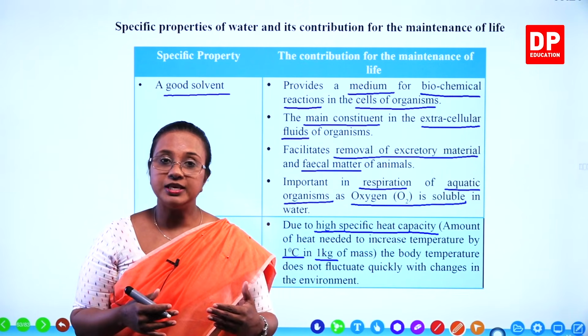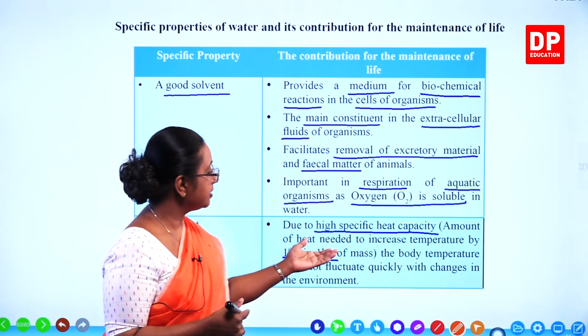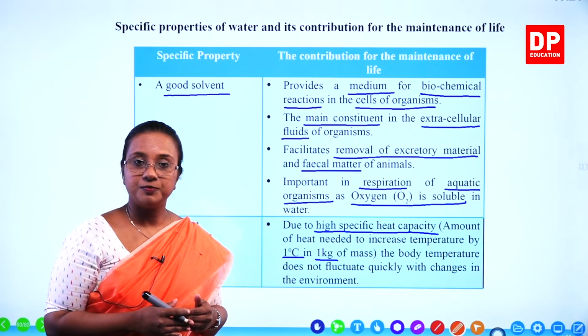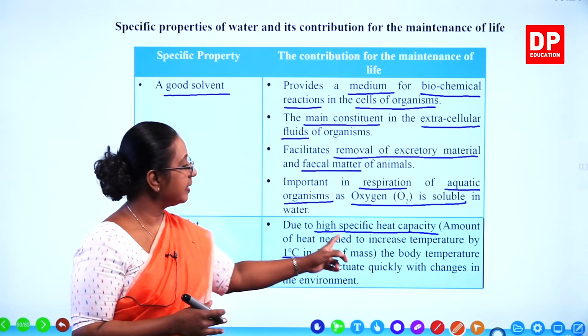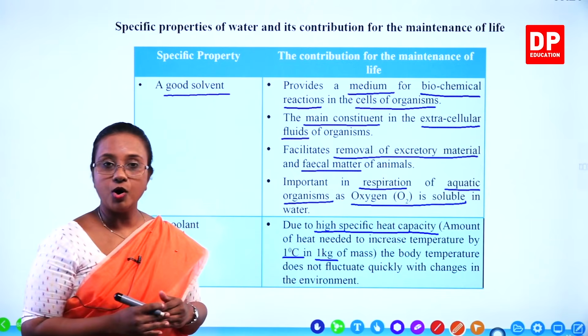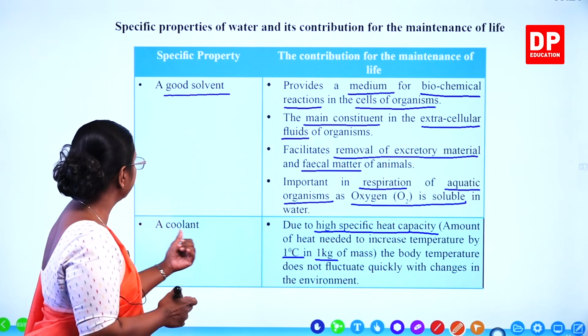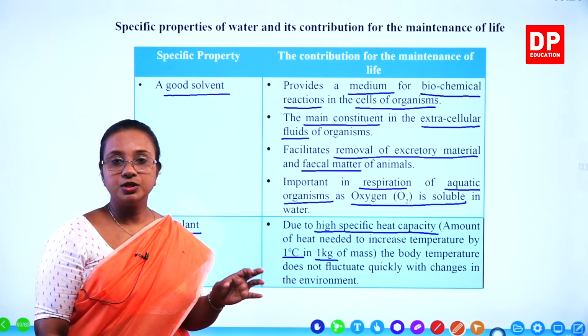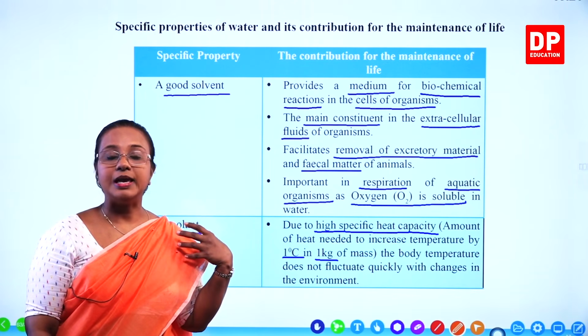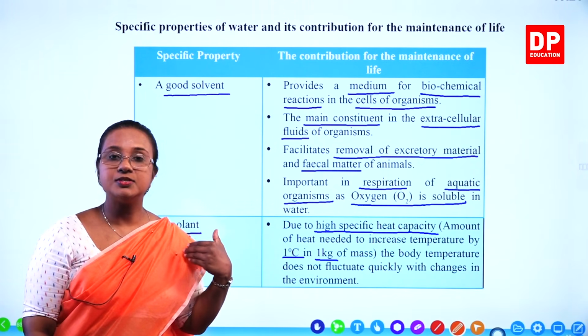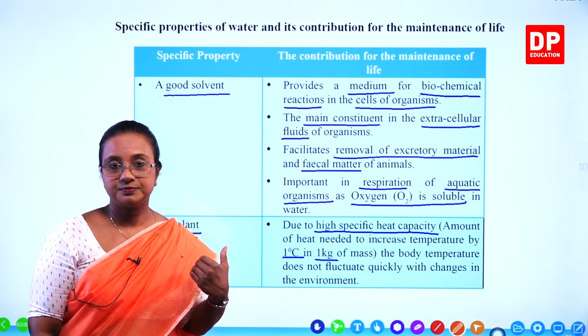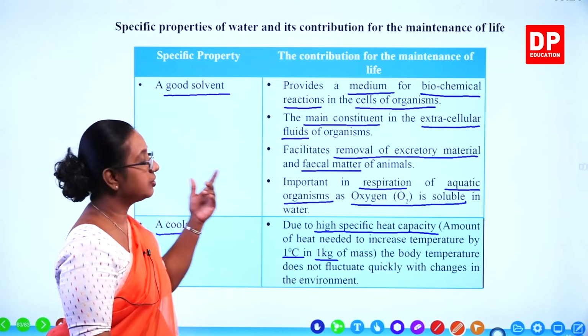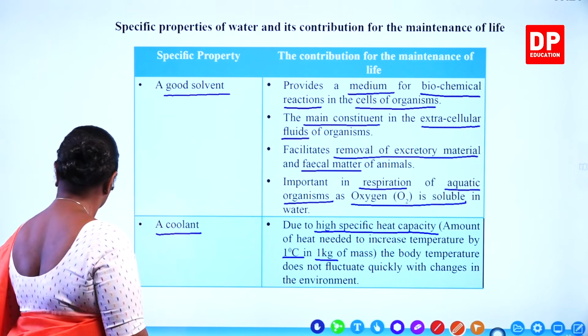So to do this, water is very, very helpful. The high specific heat capacity of water makes it a good coolant. So because water is a good coolant, we are able to maintain the warm-bloodedness of our body. Now we'll go on to the next property.